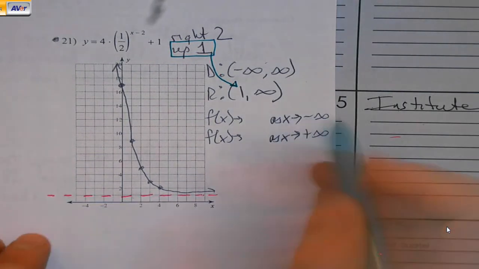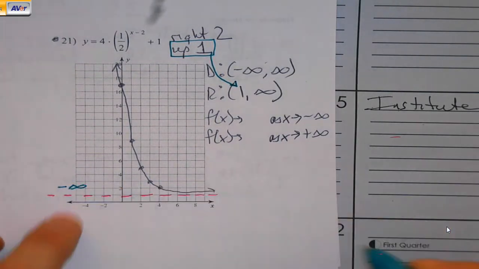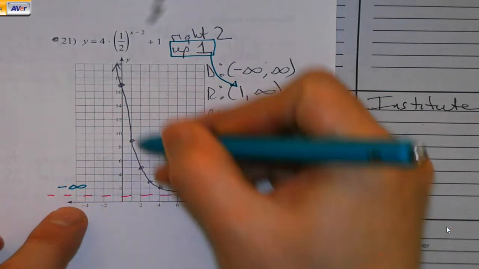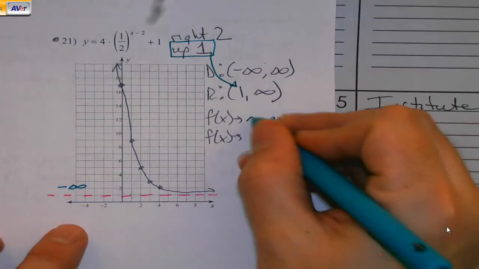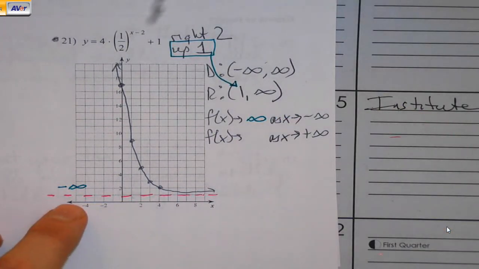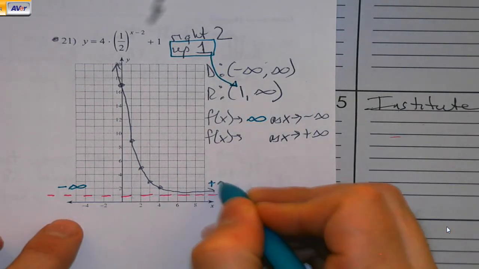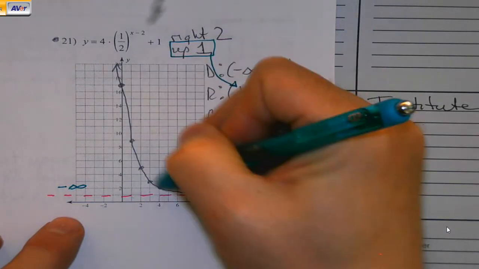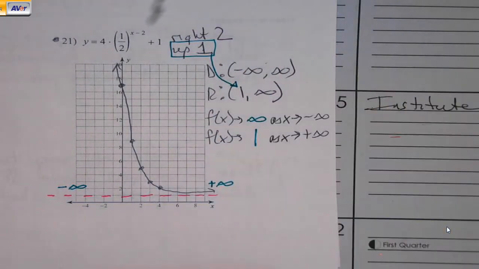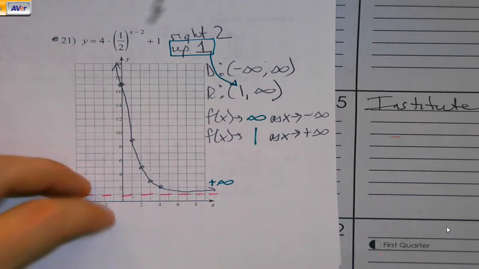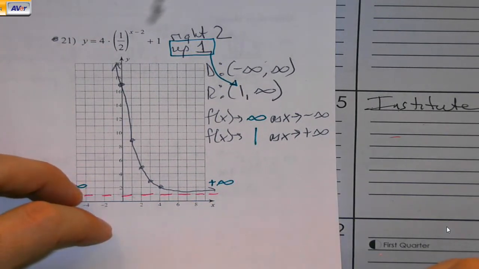As x is going left, as x is going to negative infinity, up, up, up forever. And as long as I get the first one, now I know, as I go to the right, towards positive infinity, I'm approaching 1. Lots of connections to be able to make. And again, even if I didn't remember the little tricks, I visually can see it. So that's the type of things we're trying to take a peek at.